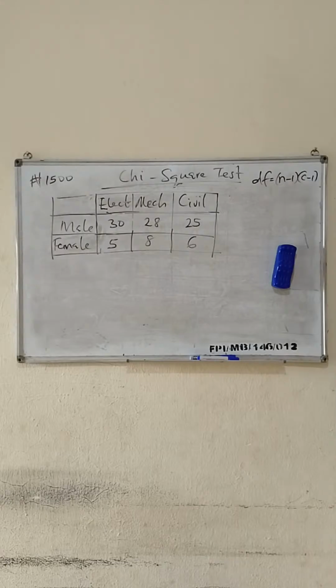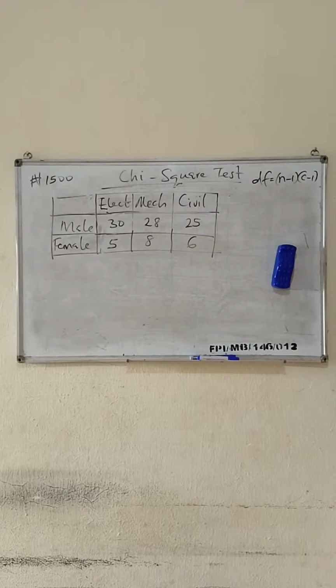We have rows and columns. It's different from the last one that had only 3 rows. Here we have rows and columns. The solution still comes down to the same formula: summation of observed minus expected, squared, divided by expected, and we sum everything up. That's the chi-square.